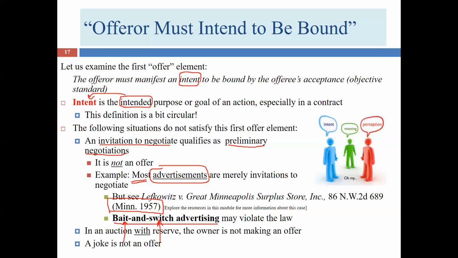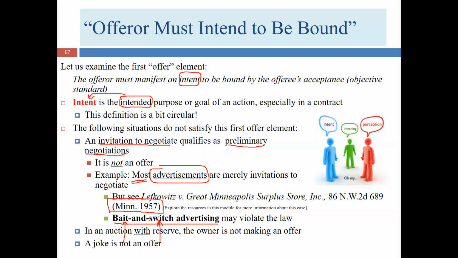It can be that these types of transactions are unlawful. It depends upon lots of factors. How many of the bait were available? Did the advertisement include language like while supplies last, or limited quantities, or no rain checks, or things along those lines, or not? Those can be factors.